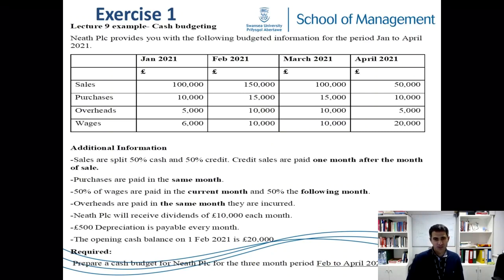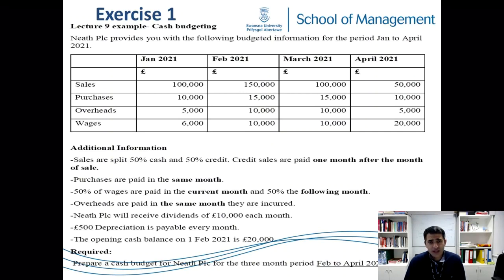Absolutely the same. So 50% of February goes to February, 50% of March goes to March, and 50% of April goes to April. Can you see, guys? Easy, isn't it?